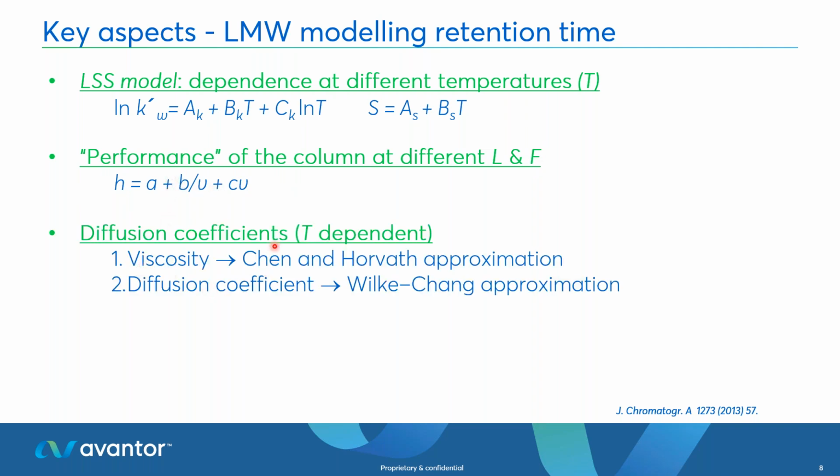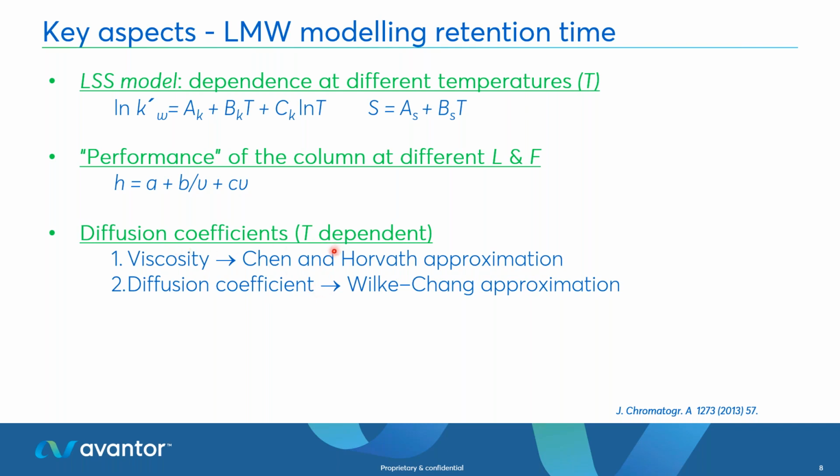And finally, because we were toggling and changing that temperature environment, we had to also integrate an aspect that took into account the viscosity changes, because of course, when you increase the temperature, you decrease that viscosity effect. And the Chen and Horvath approximation really served us well.